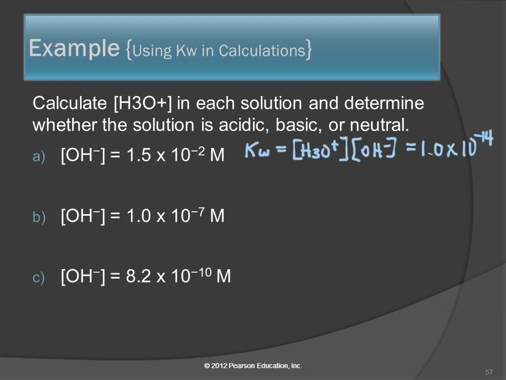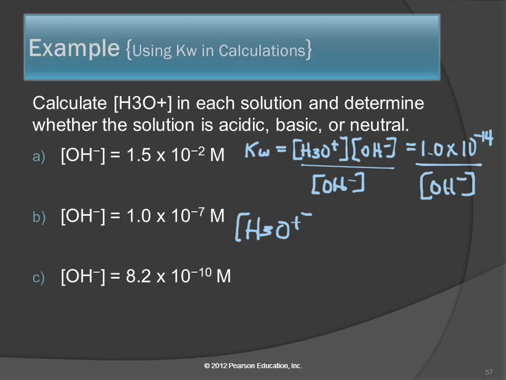Rearrange the equation and then put the number in. So we want to divide both sides by hydroxide ion concentration. So the hydronium ion concentration will equal 1.0 times 10 to the minus 14 divided by the hydroxide ion concentration that they gave us.